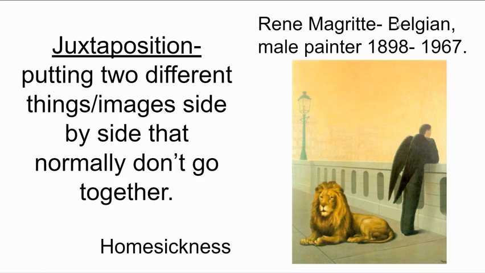It's a realistic bridge or street that they're standing on. You can see a city in the background. The person is fairly realistic except for the wings. The lion is fairly realistic except that where they are and the relationship between the 2 of them doesn't go together. Okay, so make sure you write an example of 2 things that are juxtaposed for this painting in question number 2.